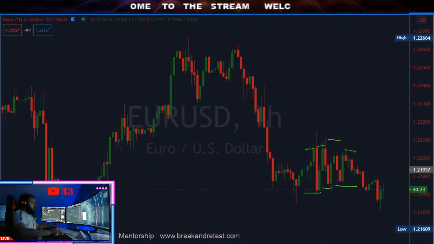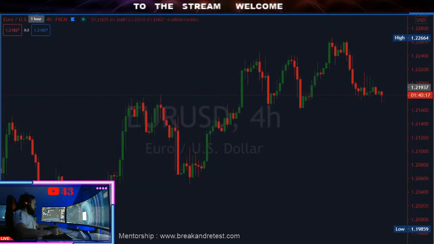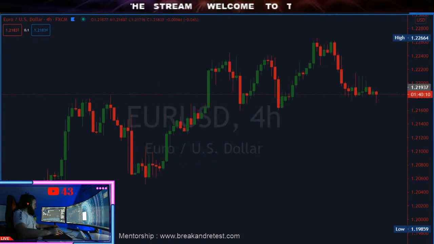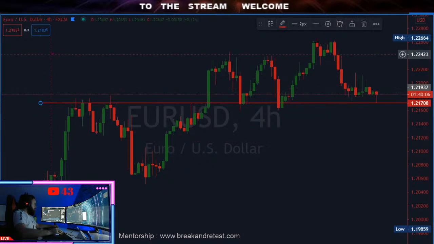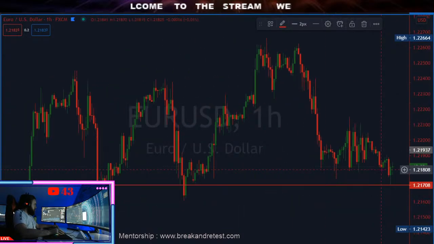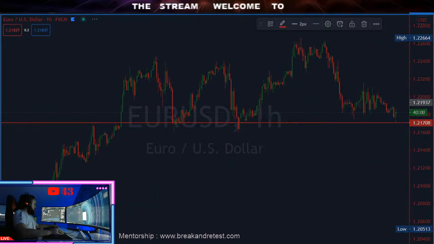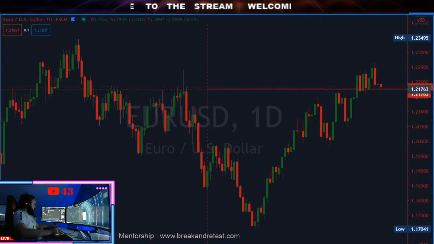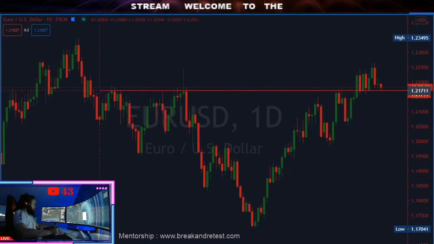We have to wait and see. I don't like to trade in these kind of zones. Euro-US dollar kind of looks like there might be a setup here, but it's at the 4-hour support right now. I'm gonna have to wait. On the daily, yeah, this zone is a major one.